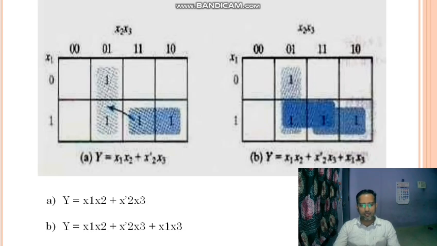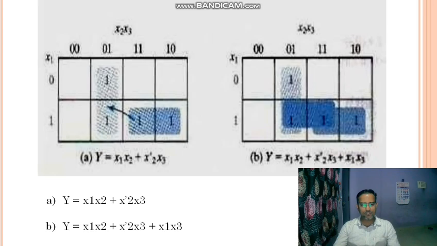In the first diagram, we have to frame the rows and columns. Here we frame two rows, 0 and 1, because the 2-bit inputs x2 x3 run 00, 01, 11, 10. The shaded blue values are exactly in this equation. X1 x2 represents the value 1.